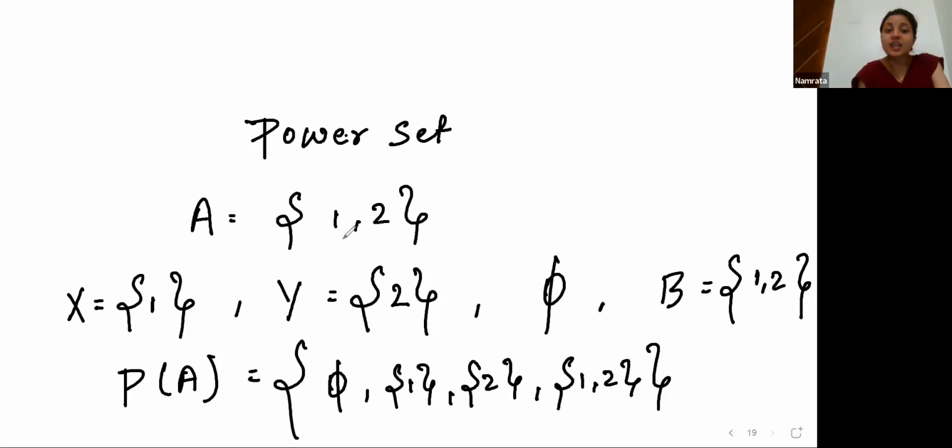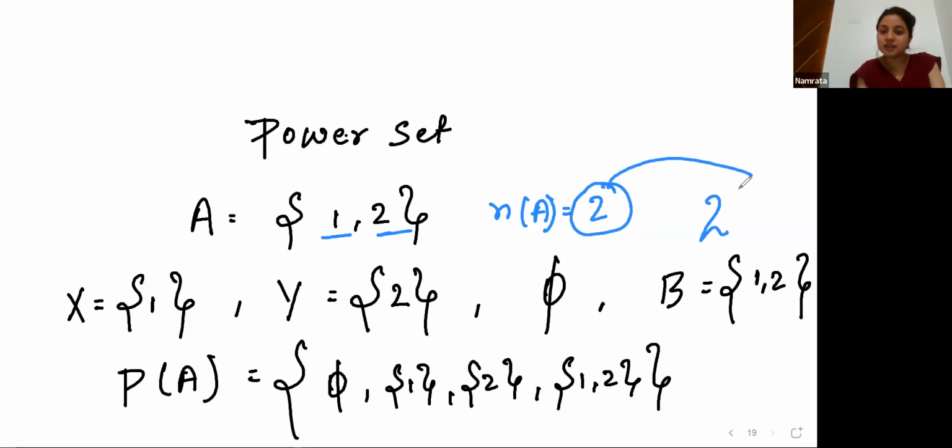Here the set A contained two elements, 1 and 2. The number of elements in set A was 2. Therefore, we will get 4 elements in the power set. How are we getting 4 elements? Whatever the number of elements, it is 2 to the power of that number, and this gives 4.